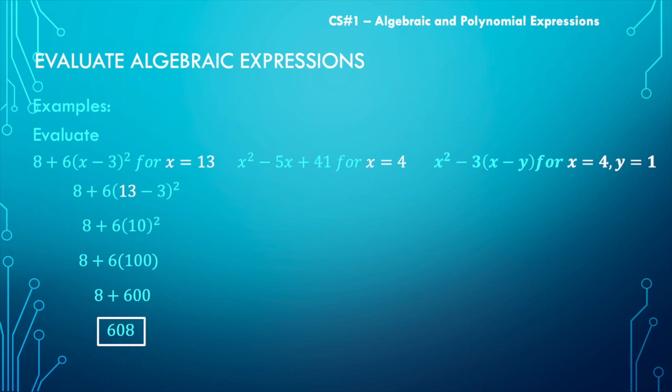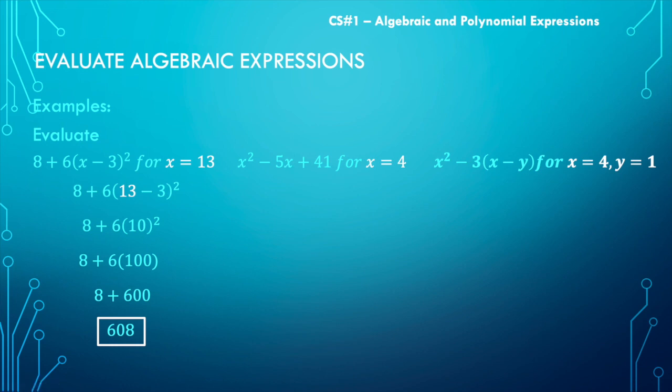So for this next example, notice that I have the expression x squared minus 5x plus 41, and x is equal to 4. Well, which x do I substitute? So which x do I substitute the 4 in for? Do I do it in here or do I do it here? And the answer to that is yes. You do it in both.